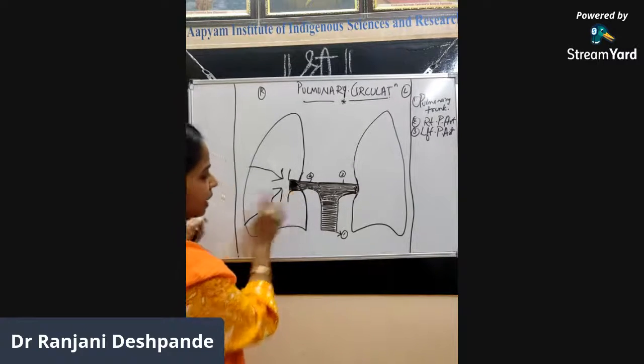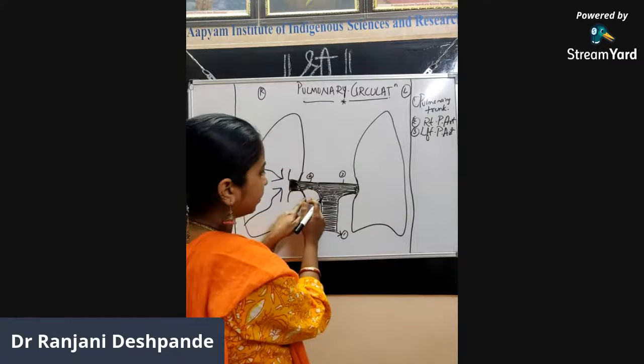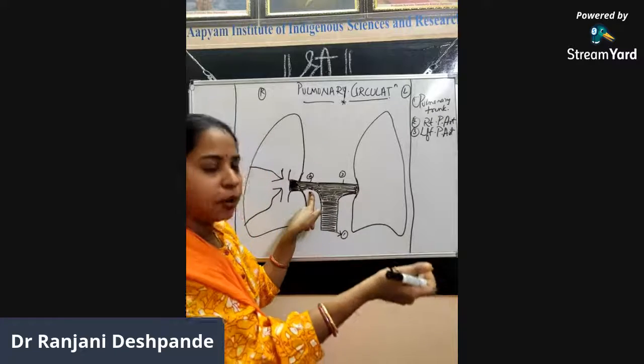So this part is in between the lungs. So this part of the artery, now the next, what does the right pulmonary artery next branch into?